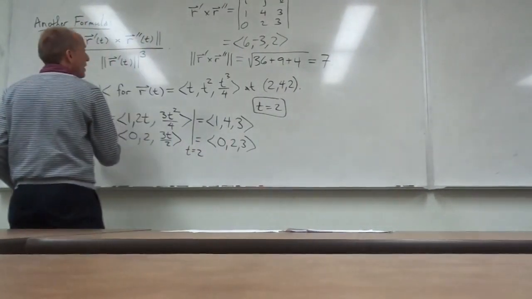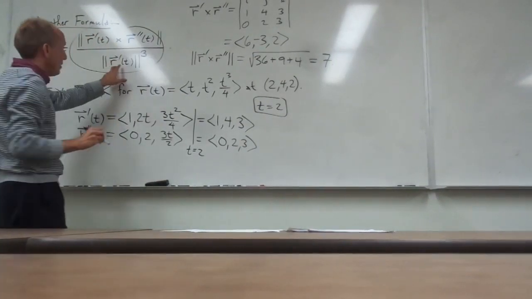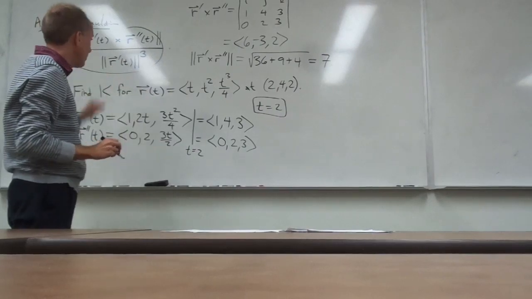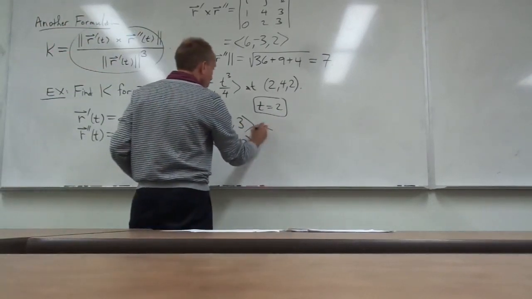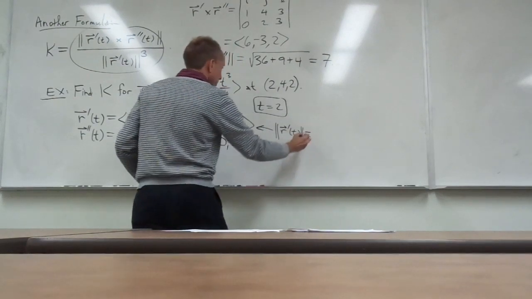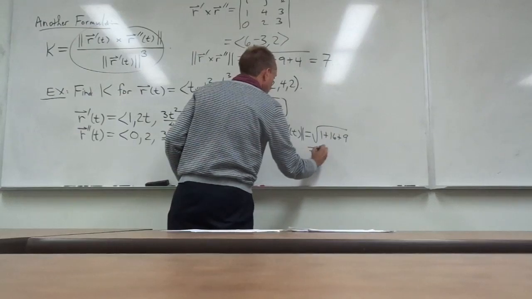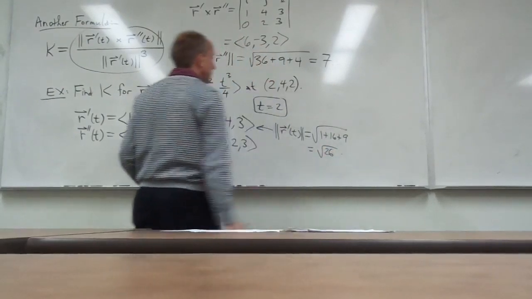And in this formula, I have to divide that by the norm of r prime of t cubed. Well, the norm of this is the square root of 1 plus 16 plus 9, which is the square root of 26.